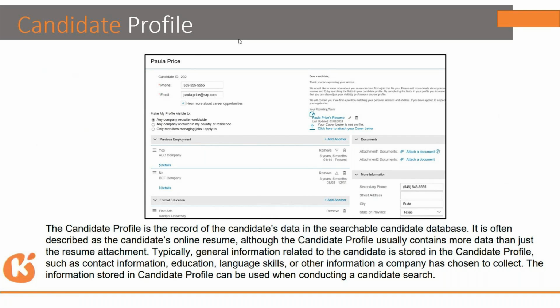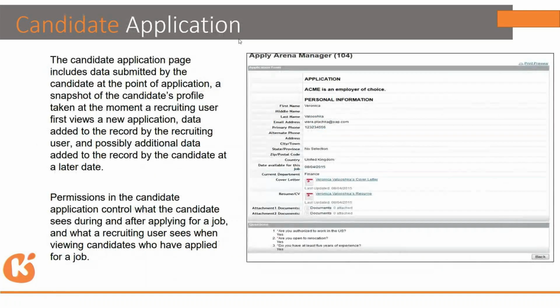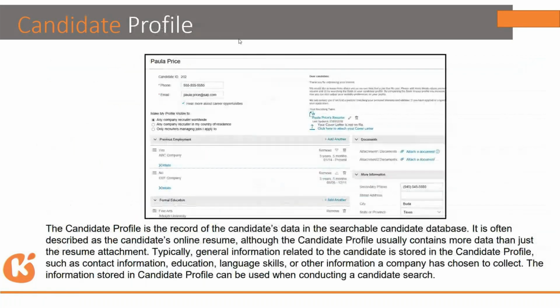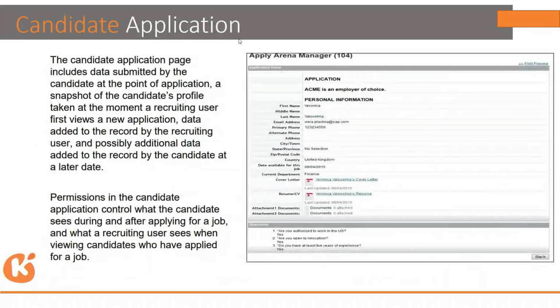And then after that, here you can see the application. This is when the recruiter receives the application and this is how they will view it. When the applicant applies for a position, this is the detail they have to fill. You can see the resume, the cover letter, and there are also certain questions.